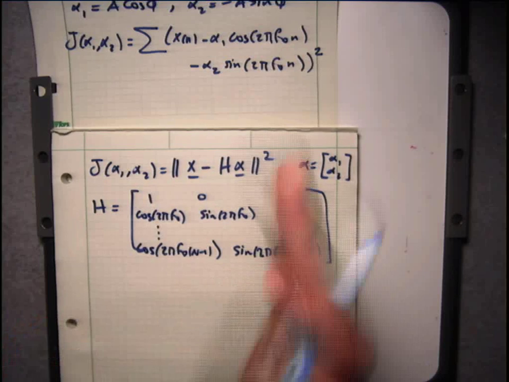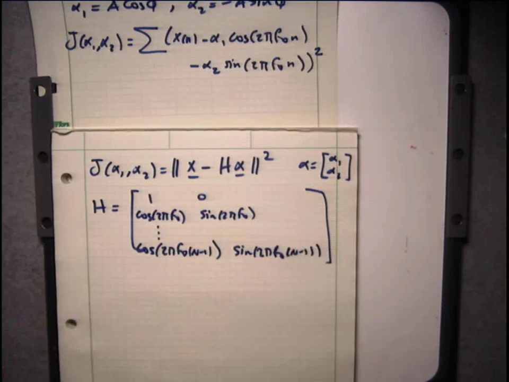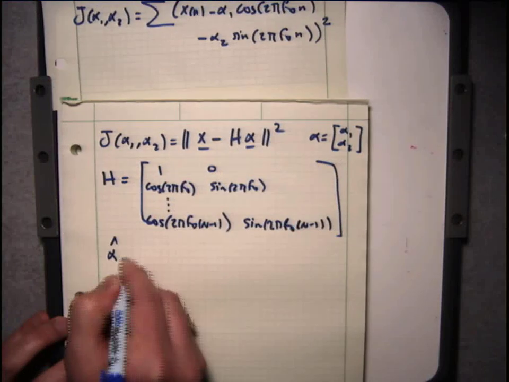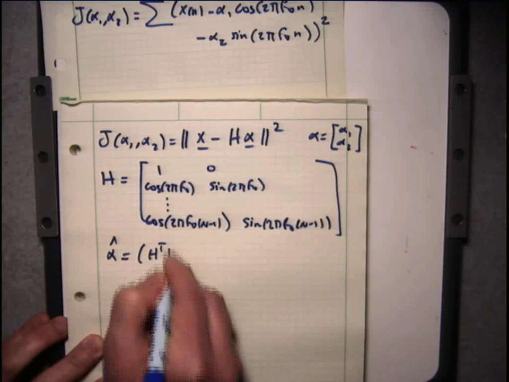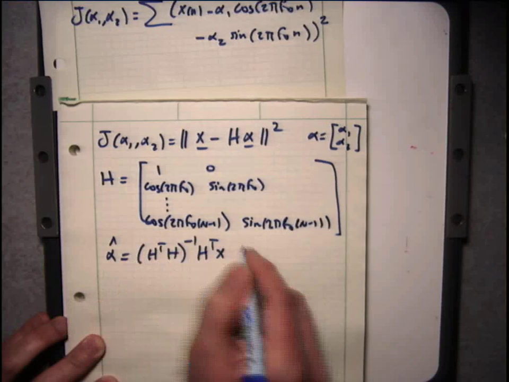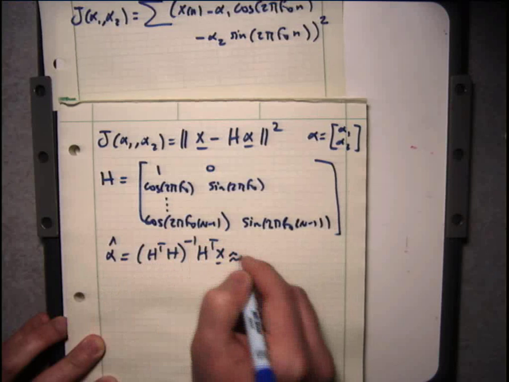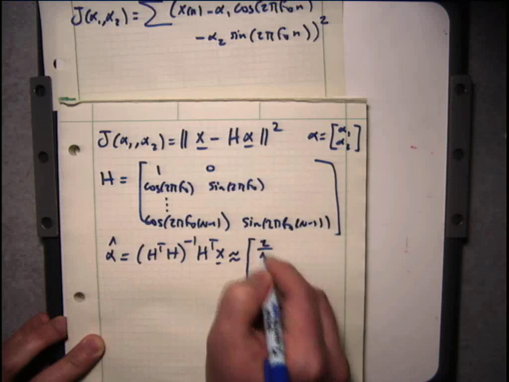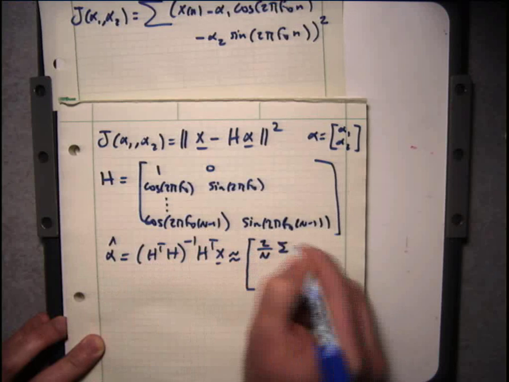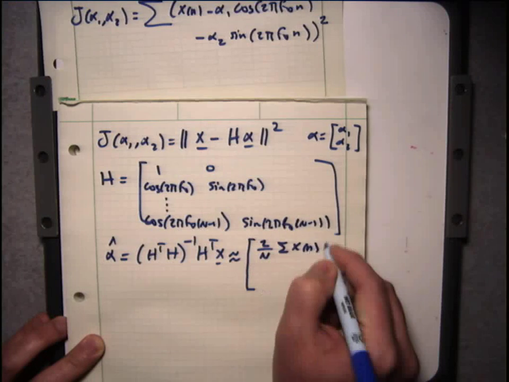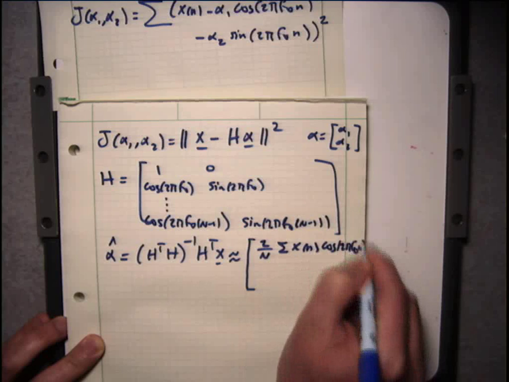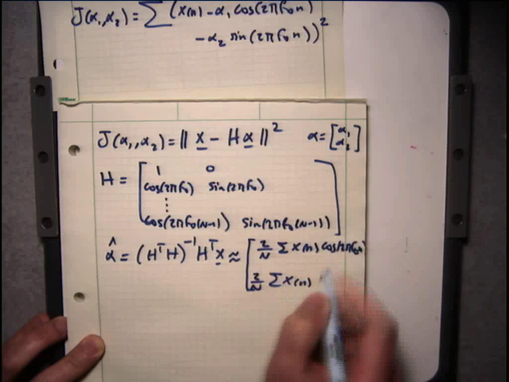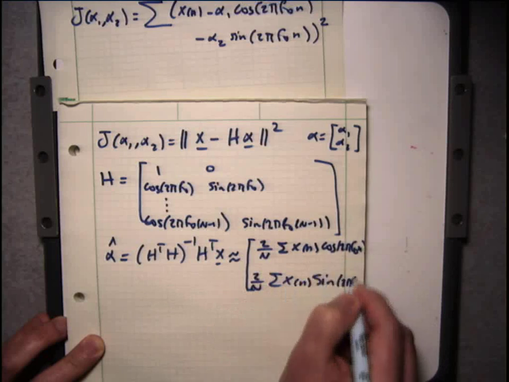Okay, so it's two columns. The solution of this is alpha hat equals (H transpose H) inverse H transpose x, and this approximately is equal to 2 over N sum x[n] cosine 2 pi f0 n, 2 over N sum x[n] sine 2 pi f0 n.